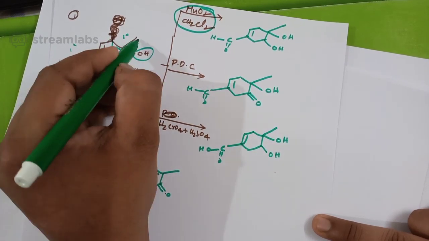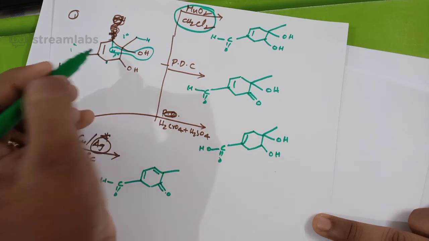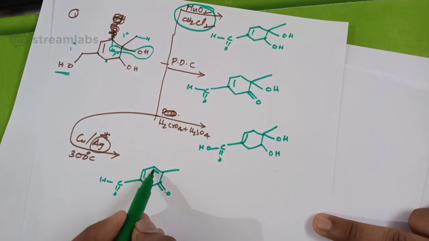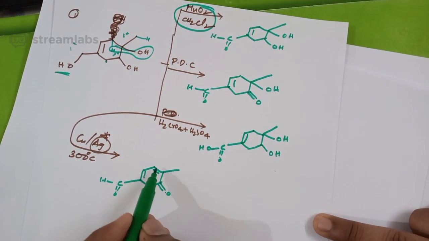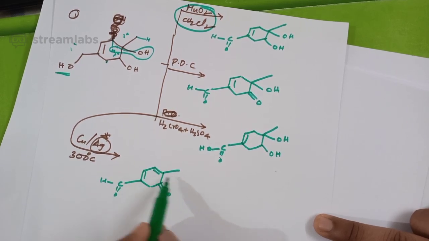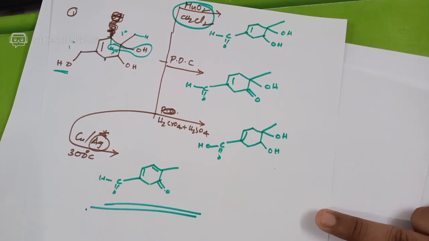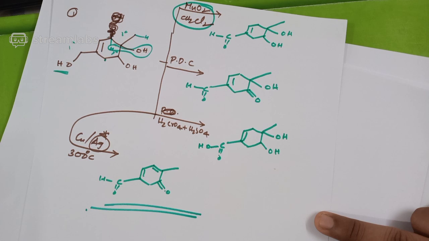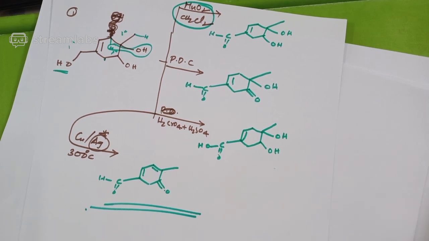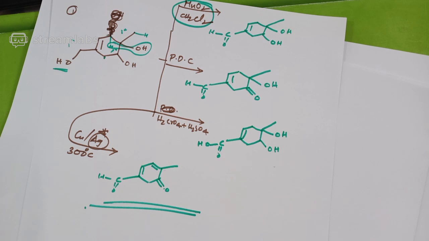Either left side hydrogen or right side hydrogen, any one can be removed. From the left side we get a double bond here, from the right side here, and this double bond is more stable with the conjugation as well as more branches, and this is unstable. So 100% we will get the more stable alkene formed at tertiary. Primary gives aldehyde, secondary gives ketone, and tertiary gives alkene.